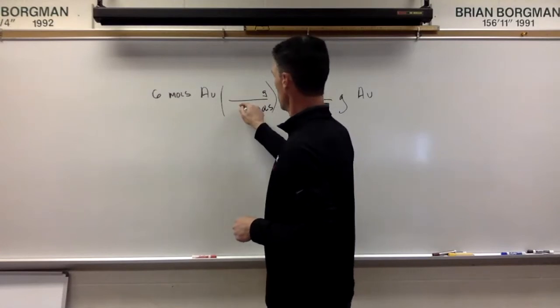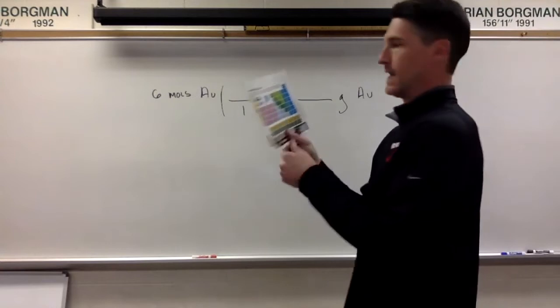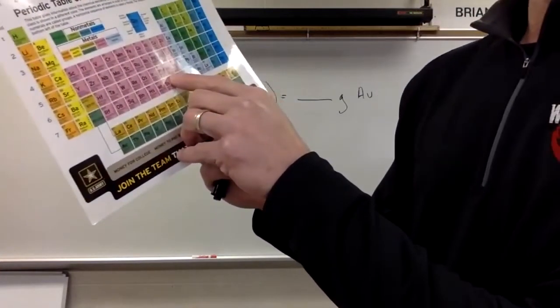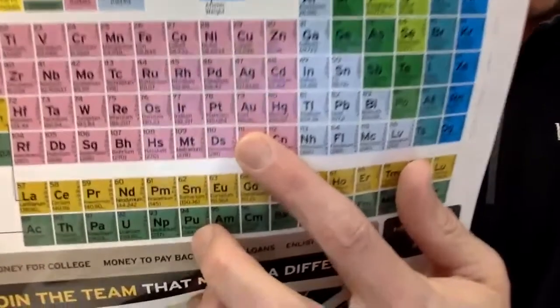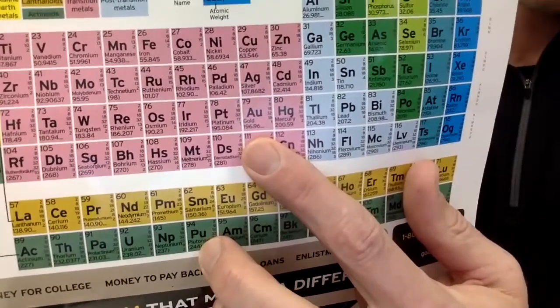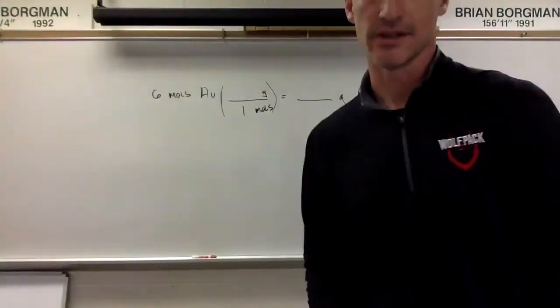So in 1 mole of gold, handy dandy, I've got 196.96. If I round that up, that 6 is going to make the 9 go up, so I'm going to call gold 197.